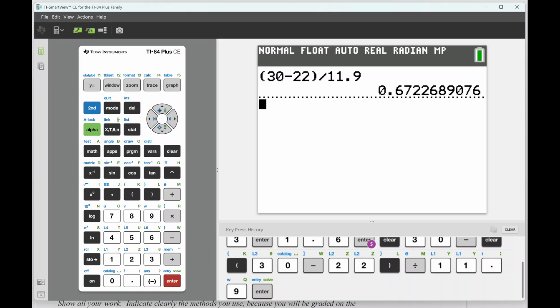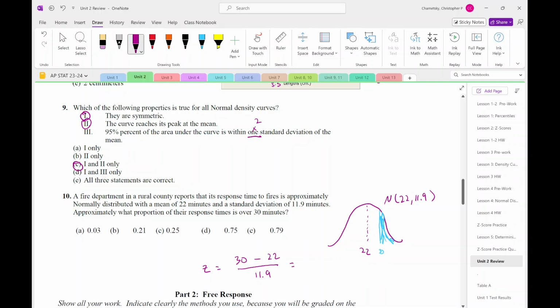So there's our z-score, 0.672. Okay. I go back to my, well, if I then convert that to a standardized normal curve.